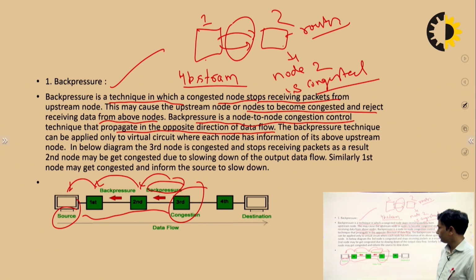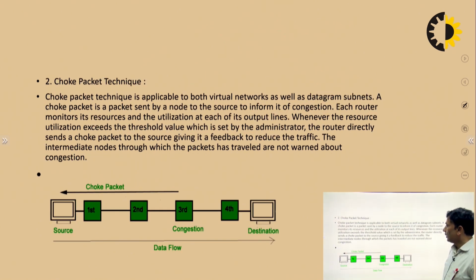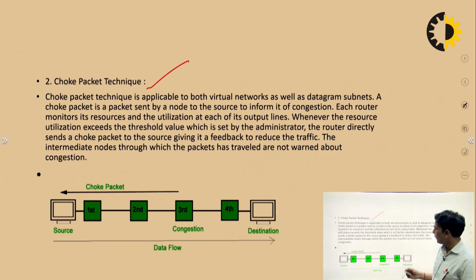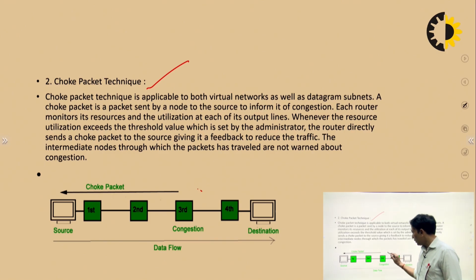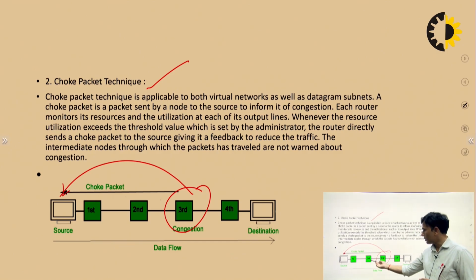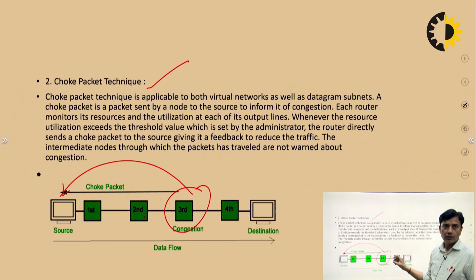Back pressure. The other is the choke packet technique. This is very similar to the first, back pressure, but there is a difference. In the choke packet, when the third node feels congestion, the third node sends a signal packet named a choke packet directly to the source, not to the upstream node and then on to the next upstream node, so it is not node to node.